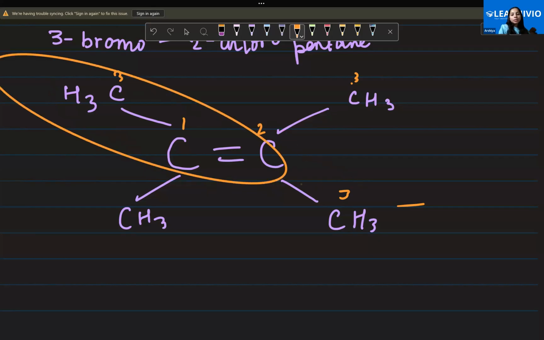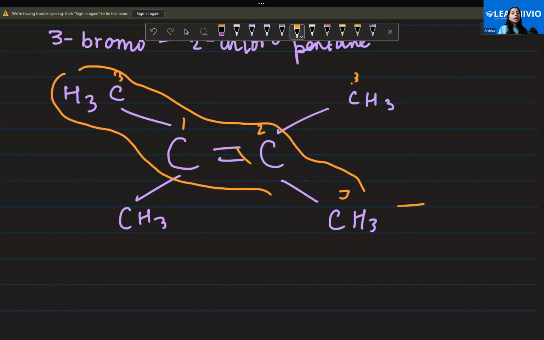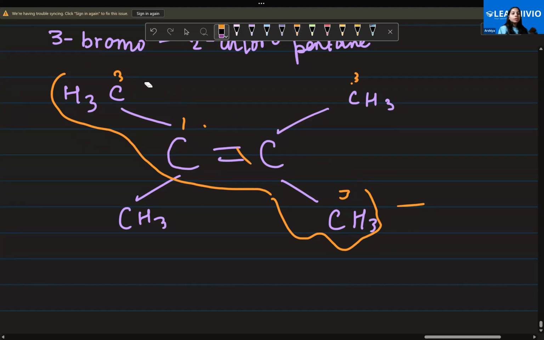Yes, ma'am. So this is it, we have 4 carbons. By any other way, we're getting 3 carbons. But if we look at this chain like this, then we are getting 4 carbons. Now let's try solving it. Let me write the number of carbons also.